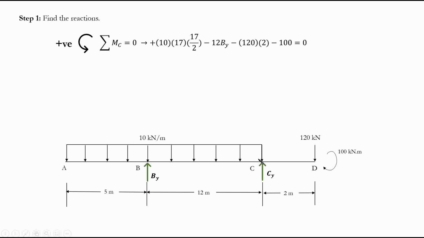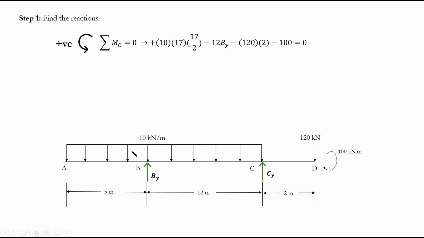Because it's all about point C. Now I have my unknown load here, By, multiplied by 12. This is clockwise, but my positive sense is counterclockwise, so it's going to be negative.